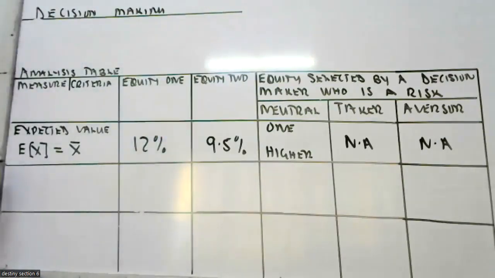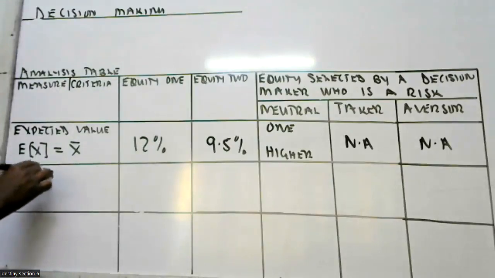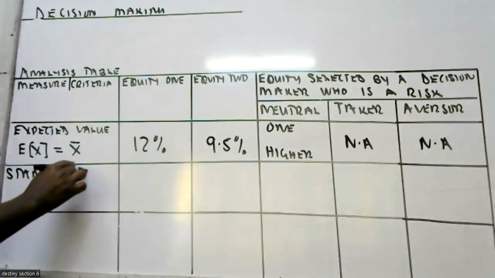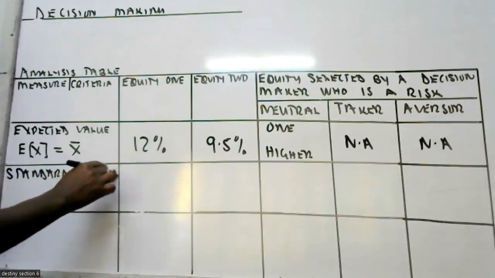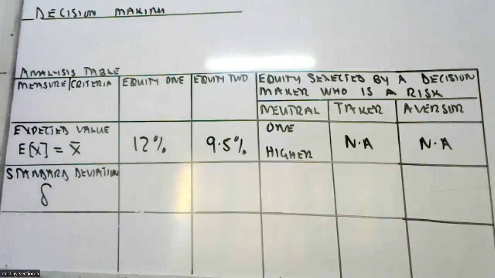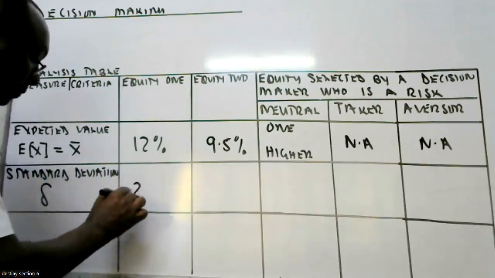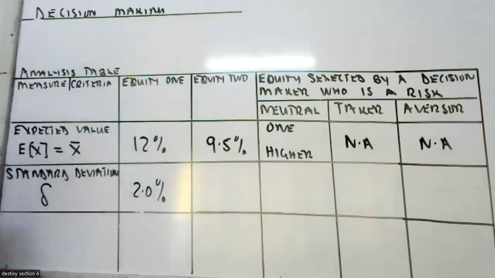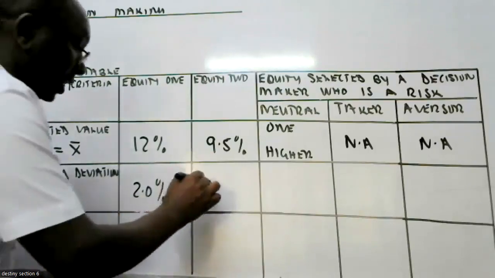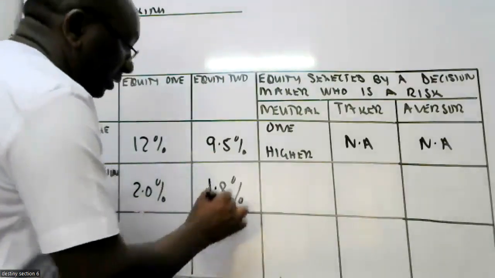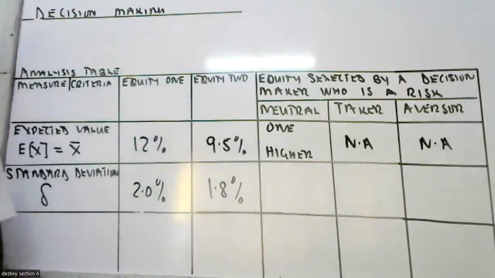The next one is called standard deviation. Now, standard deviation is a measure of risk, and the first one we are told it has 2.0%, and the next one has 1.8%. So I have said the guy who is risk neutral does not compute risk.